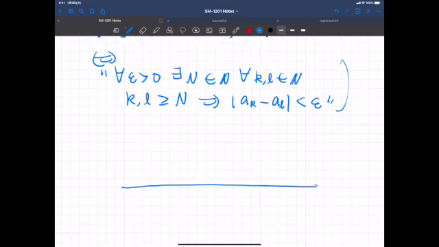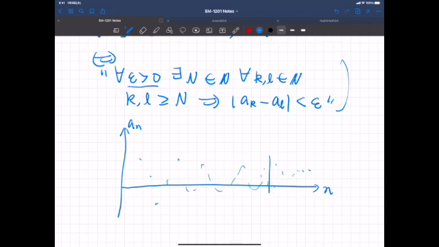So let's plot this sequence. For example, a_n, let's say this is like this. So let's pick any positive real number epsilon, whatever that value is.